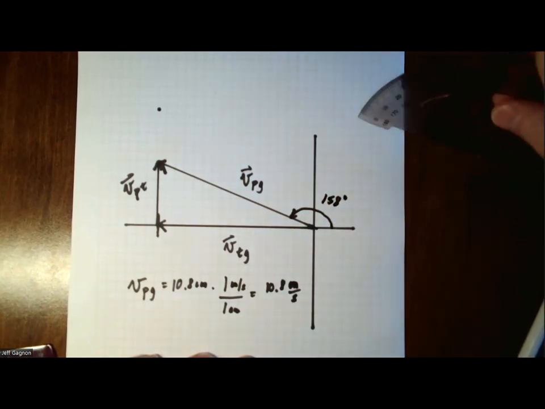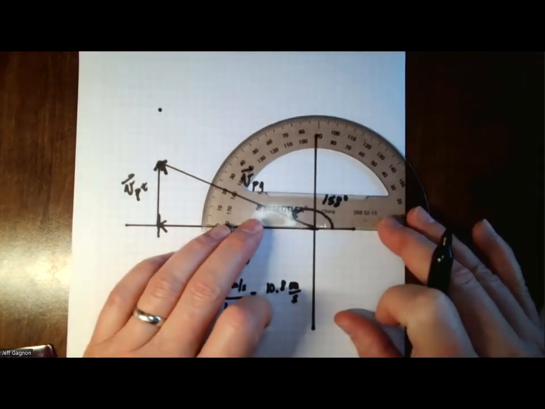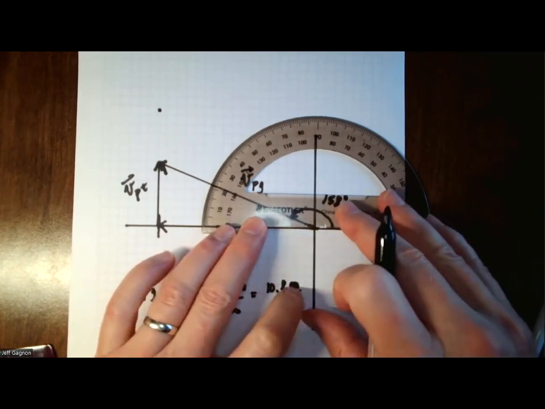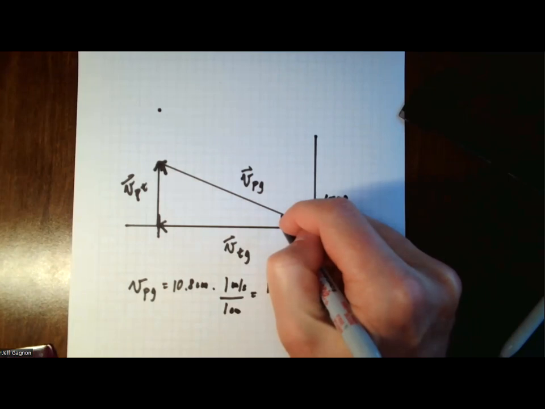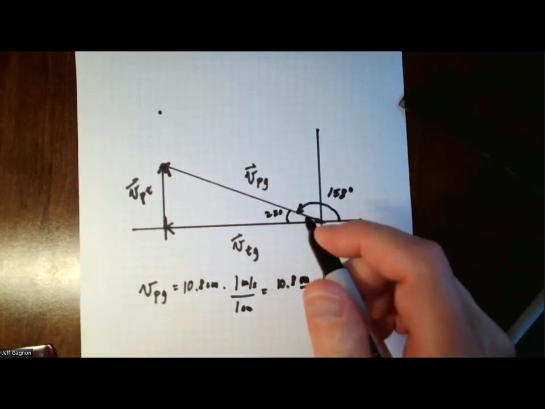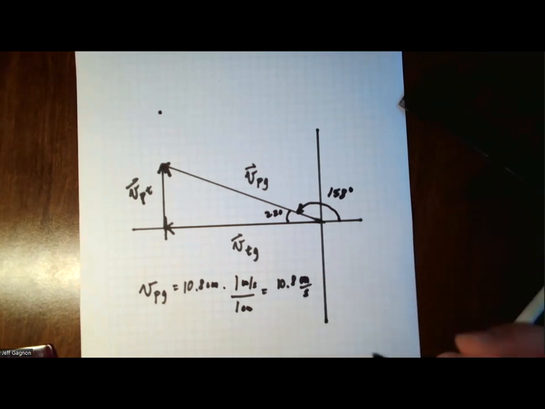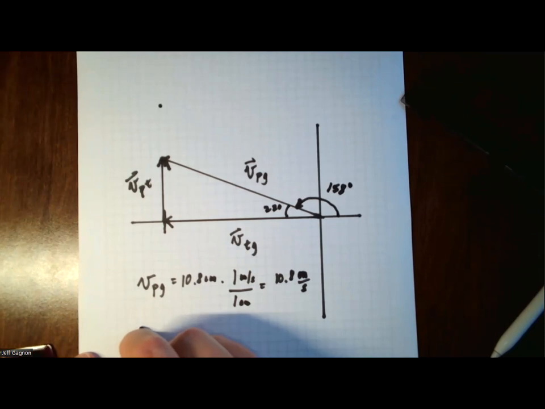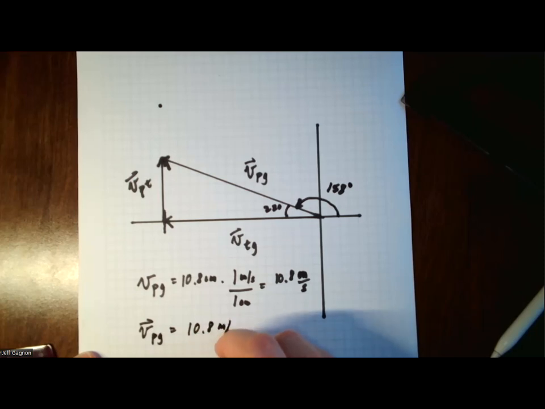Okay. The other way you could do this is you could measure the reference angle, which is like 22 degrees. But then you'd have to say like north of west, right? You'd have to give it more information. So if I just do it the way I did it, I could say velocity of person relative to ground is equal to 10.8 meters per second at 158 degrees.